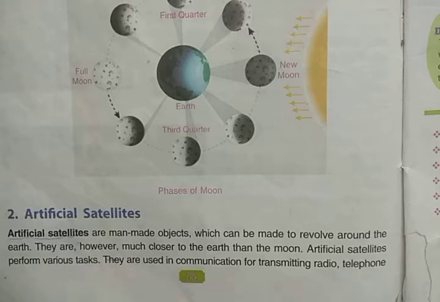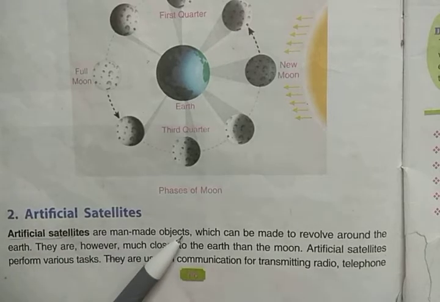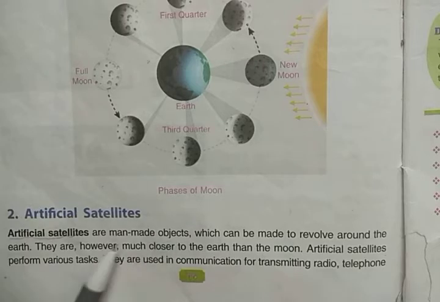So there are some objects which are made by man and that revolve around the earth, right? So artificial satellites are man-made objects. It is not natural. It is made by man, which can be made to revolve around the earth.